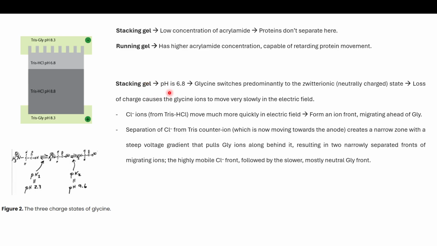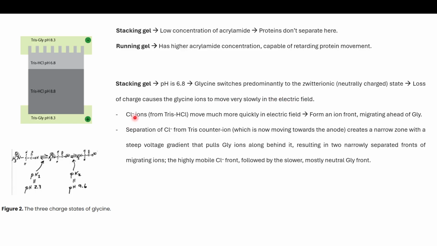The stacking gel has pH 6.8. We looked at the pI value of glycine as 5.97, right? So at pH 6.8, glycine becomes predominantly zwitterionic, with zero charge, and so it moves very slowly in the electric field, or not at all.